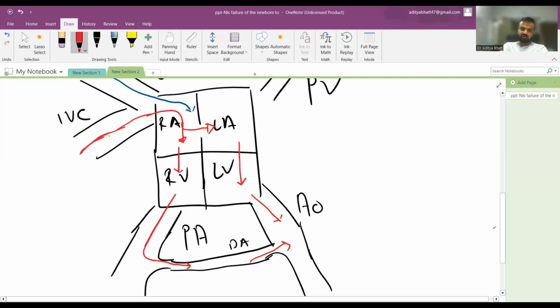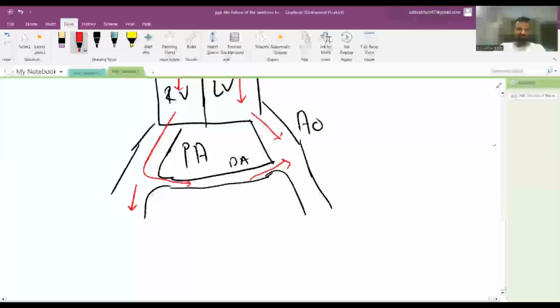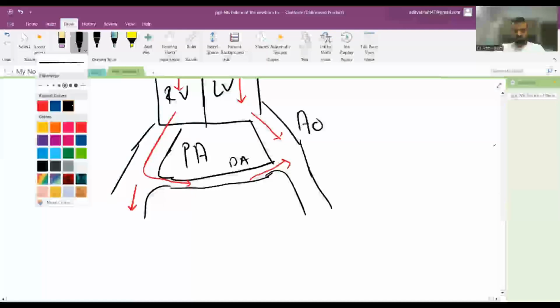So technically, the LA and LV receive only a very small amount of blood, and the pulmonary veins also receive an extremely small amount, because though some blood goes into the pulmonary artery and returns to the left atrium via the pulmonary vein, it is very minimal. That is the fetal circulation, and this is very important.